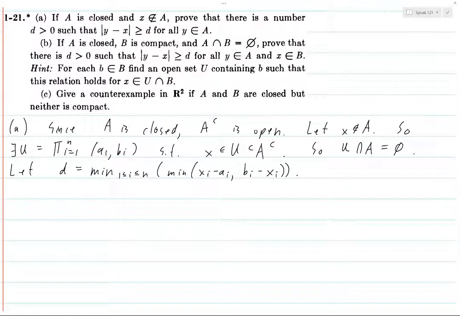So we want to figure out which one it's closest to. And this will be useful later. So anyways, this is going to be the D that we choose.